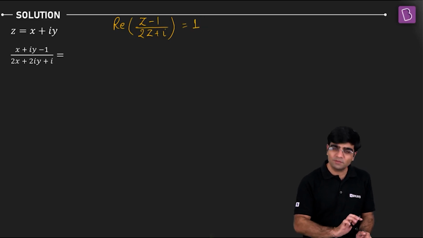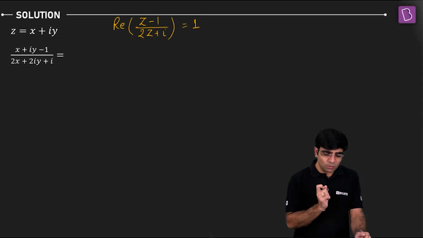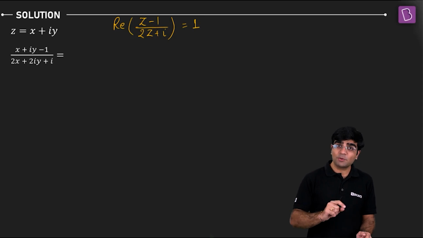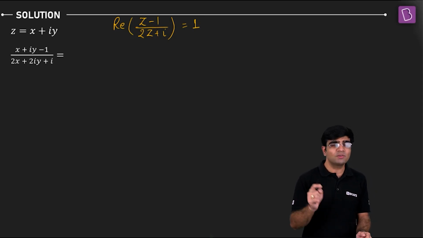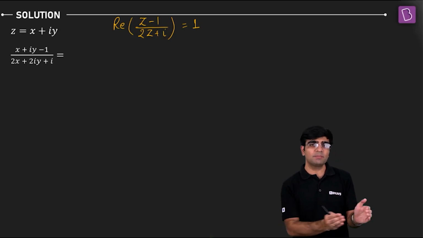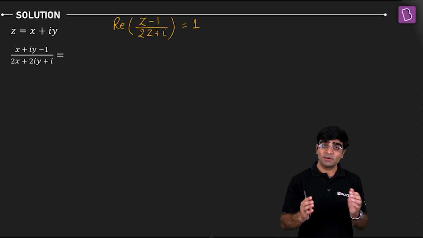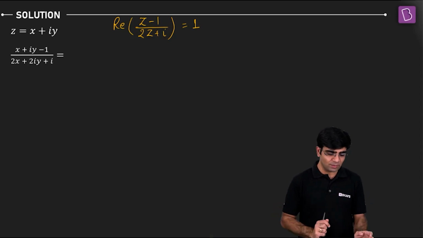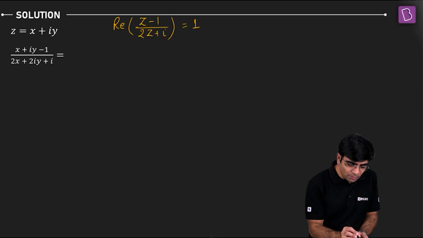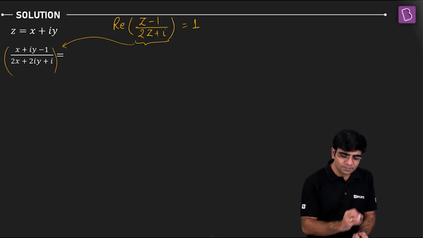That is the central idea of the problem. But I have to ensure that z is properly placed as x plus iota y. So first of all, I'll decide about the complex number, forget about the real part for now. I'll then take out the real part terms together and make it equal to 1. But first, let's put z equal to x plus iota y. This is how the complex number z minus 1 upon 2z plus iota looks.